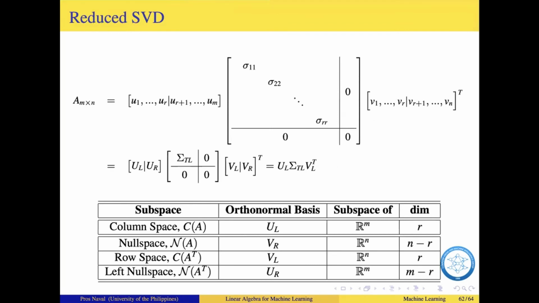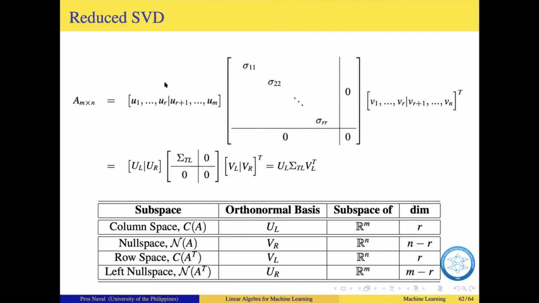So just take a look at the SVD of a non-square matrix, which has this reduced SVD. Again, the singular value decomposition of an m by n matrix whose rank is R will produce the following: a U matrix whose left singular vectors are U1, U2, up to UR, UR plus 1 up to UM.